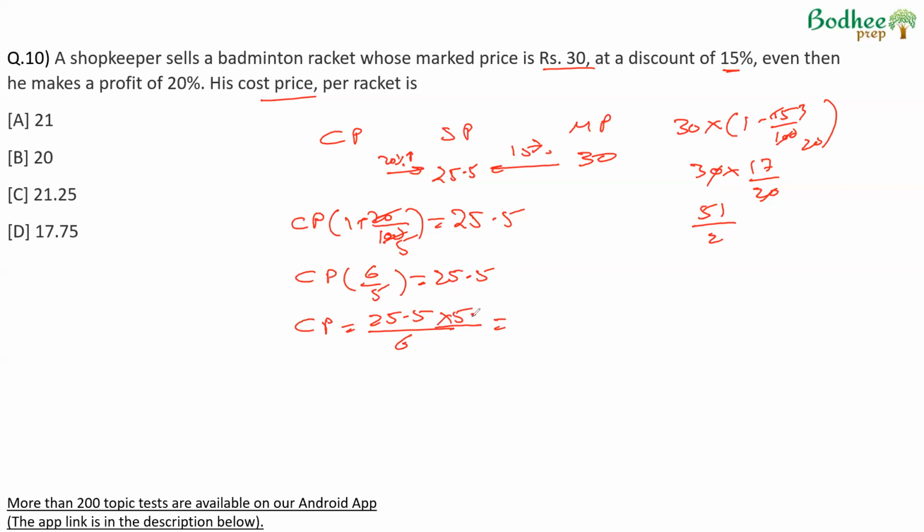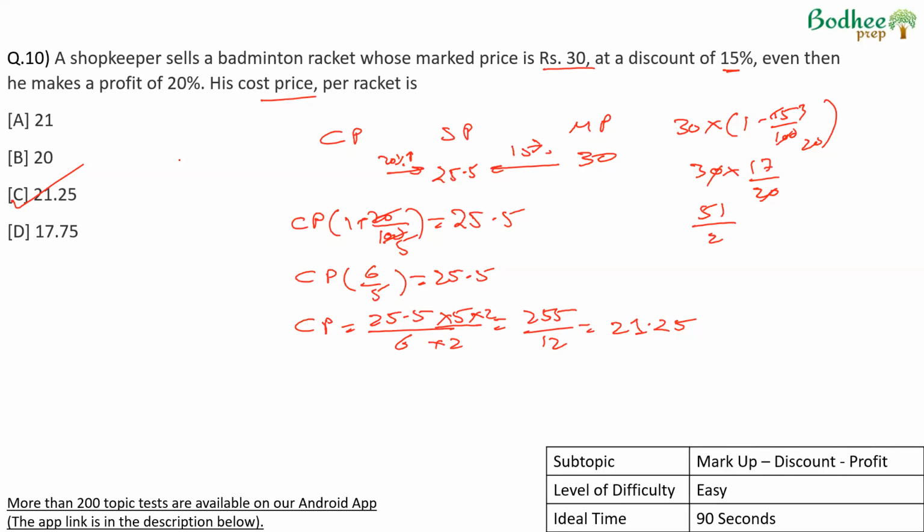Multiply by 2 in the numerator and denominator, we'll get 255 by 12 into 5. So this is 12 2s are 24, and therefore the cost price is 21.25. Again, can look at it different ways, but I think this is a straightforward, easy question.